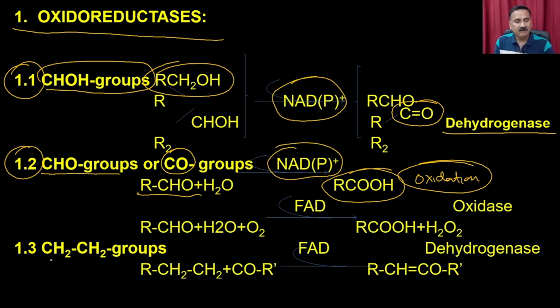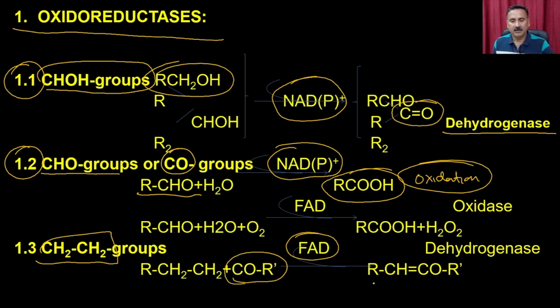Then we have the enzymes which work on alkenes. In this case, you can have CH2 with another group, and it uses FAD, and that's how it brings the double bond into the molecule.